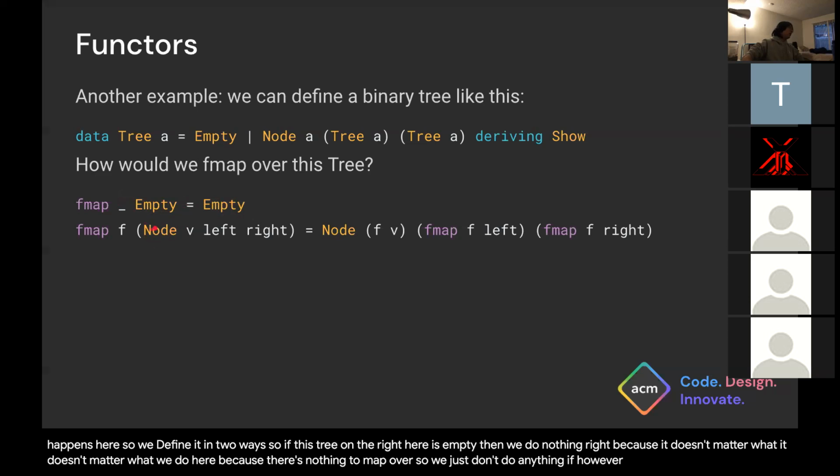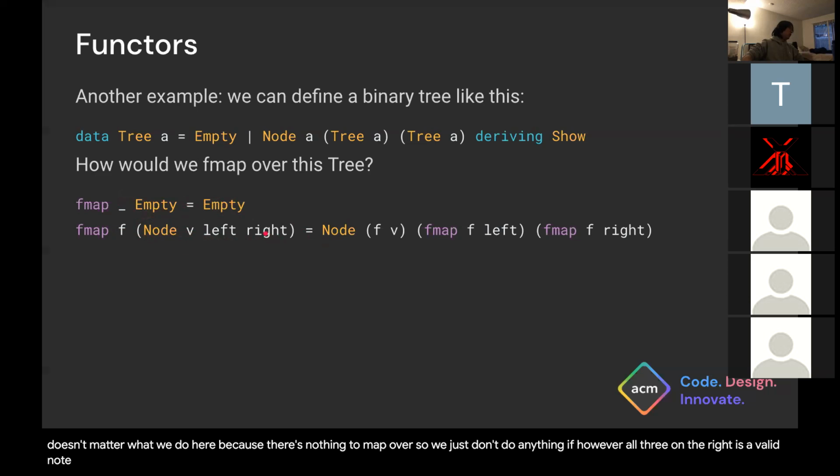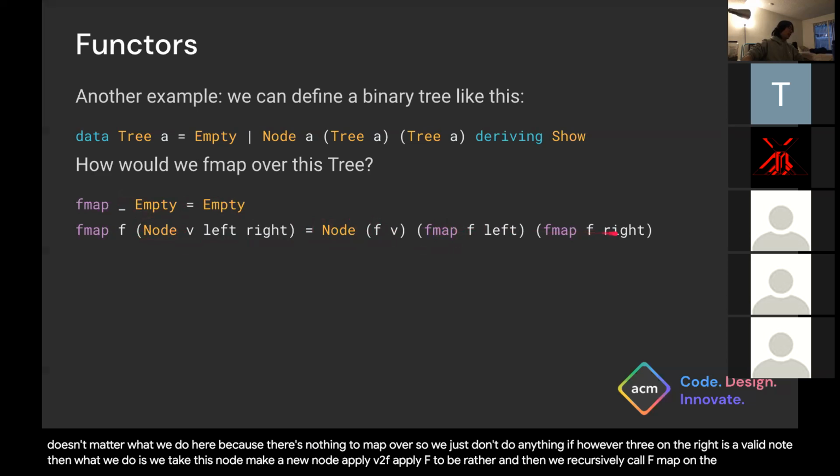If, however, this tree on the right is a valid node, then what we do is we take this node, make a new node, apply f to v rather, and then we recursively call fmap on the left and right subtrees.